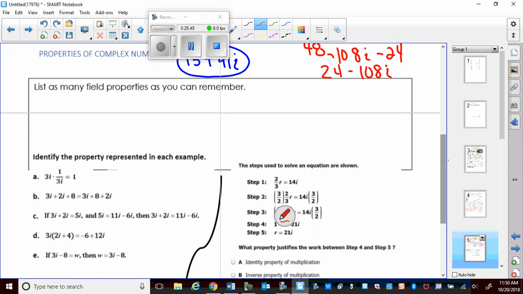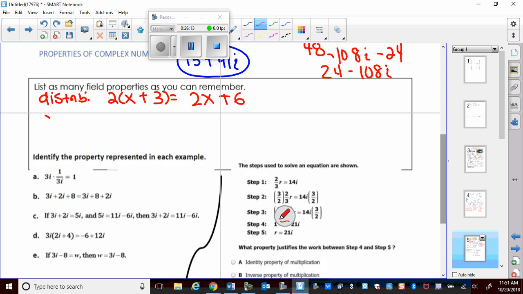Now, complex properties, field properties. There's distribution, where we have a number times two other numbers. And we distribute by saying 2 times x and plus 6, just simplify.